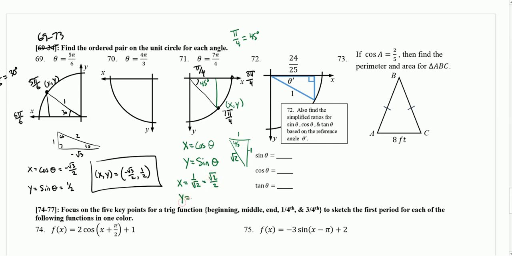Our y value is sine, which is opposite over hypotenuse, so negative 1 over root 2, or negative root 2 over 2. So our answer is going to be positive root 2 over 2, comma negative root 2 over 2.